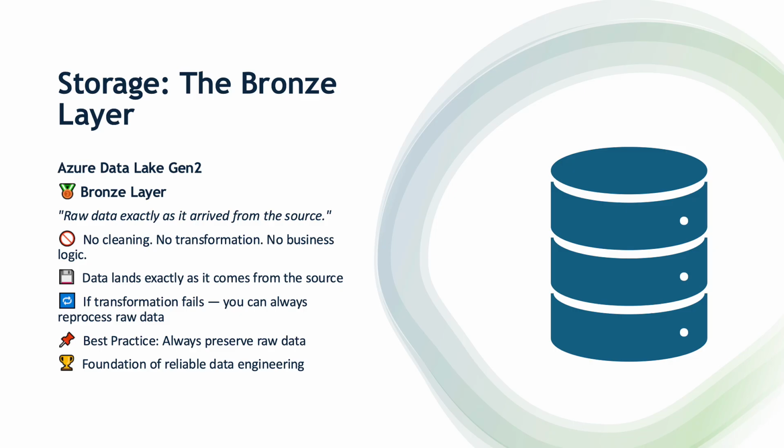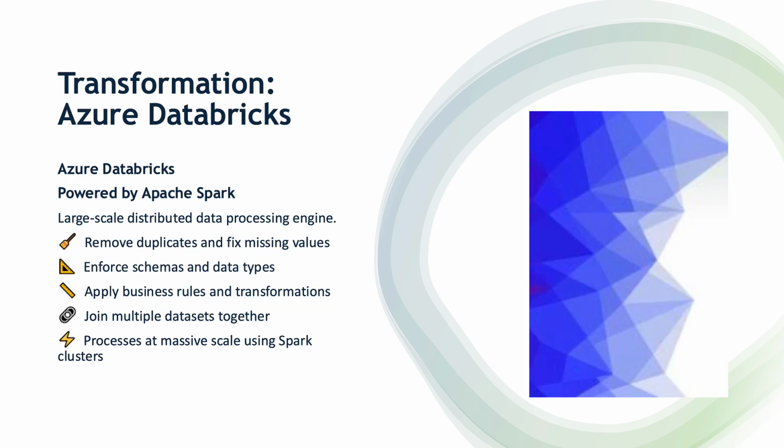Now raw data is usually messy. It may have duplicates. It may have missing values. It may have inconsistent formats also. So the next step is transformation. This is where Azure Databricks comes into the picture. Databricks is powered by Apache Spark. It is built for large scale distributed processing.